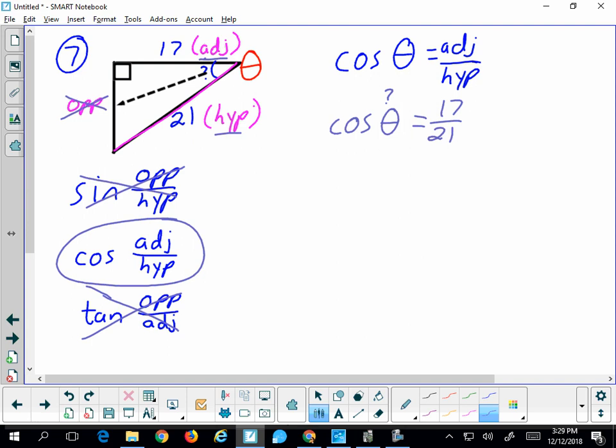So now, since what I'm trying to solve for is part of my cosine function, I always have to isolate my unknown, my variable. In this case, my variable is theta. So I've got to do something to cancel this cosine function.